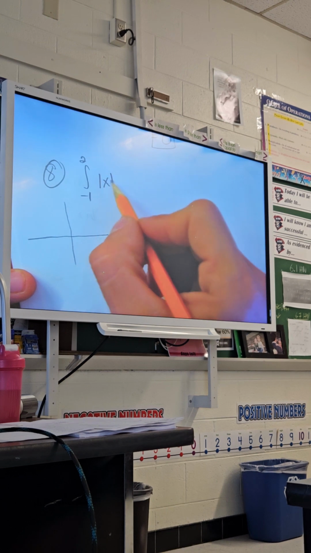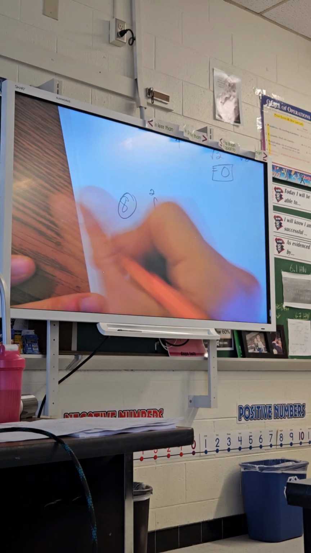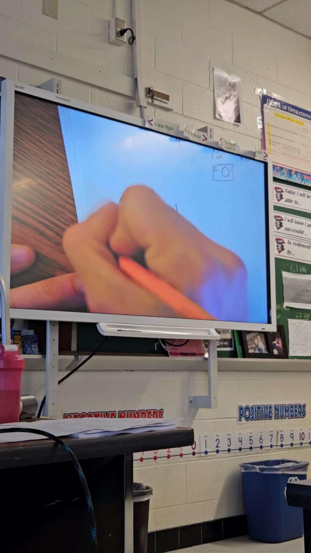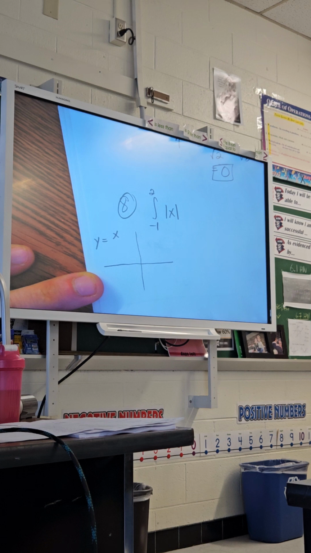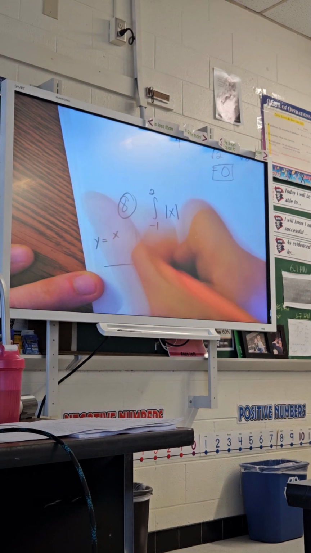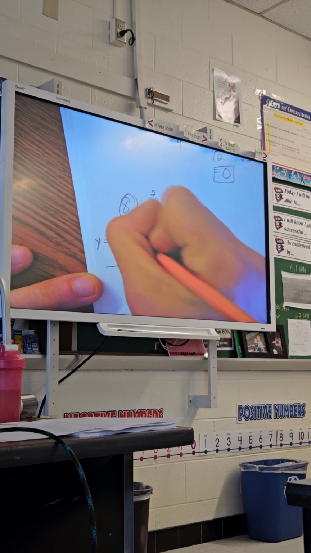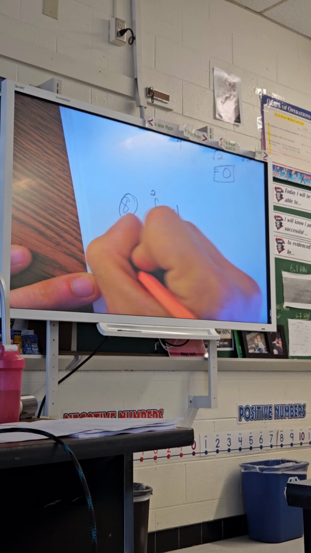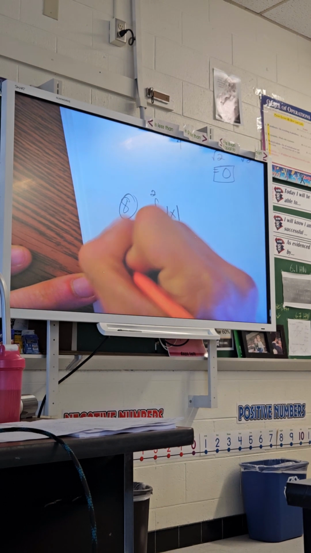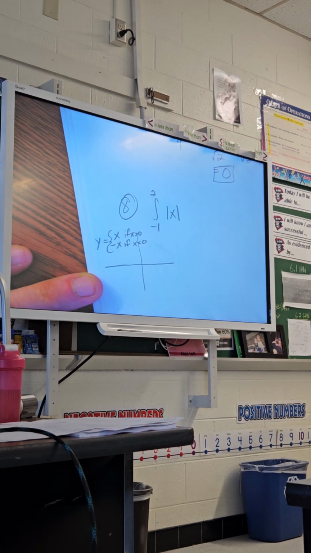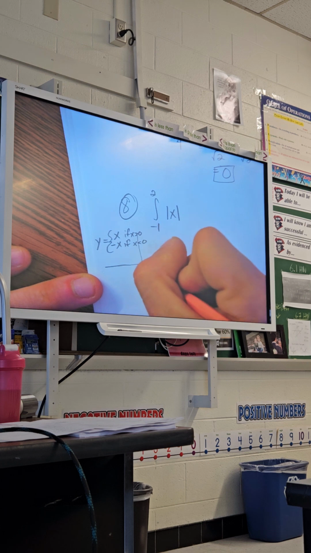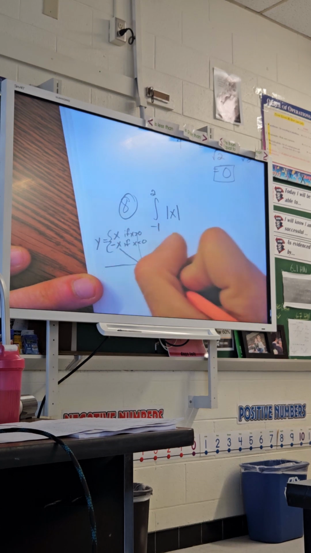So this is the same exact thing as saying y equals x, as long as x is greater than 0, and then y equals negative x if x is less than 0. The graph looks like this. This is negative x. This is positive x.